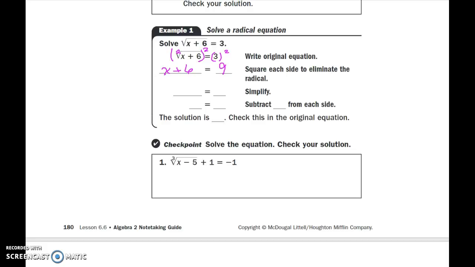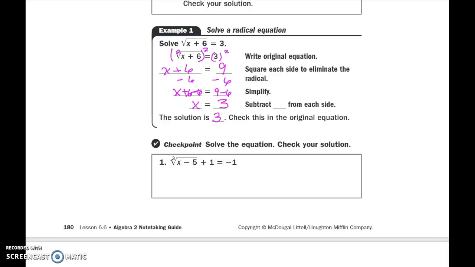Then the last step would be to subtract 6 from both sides, which would give us x equals, well, we can write it this way, x plus 6 minus 6 equals 9 minus 6. These note-taking guides are sometimes a little goofy. So that's 0, and we get x equals 3. So the solution is 3. And you would check that back in the equation.